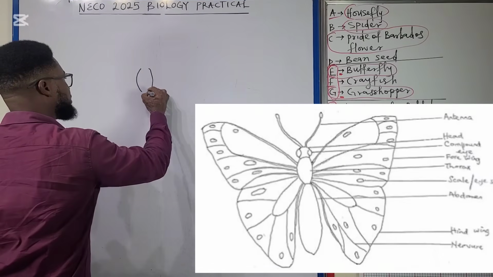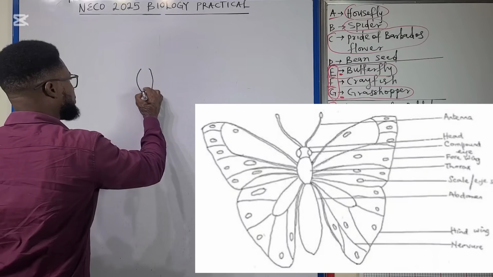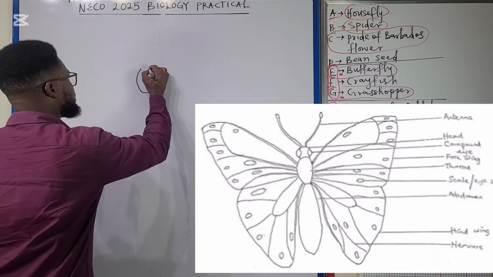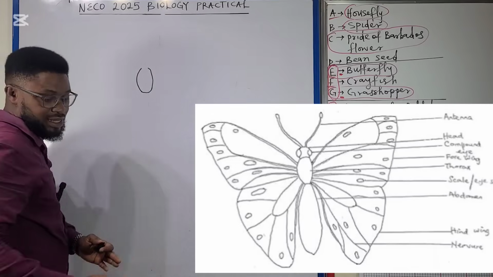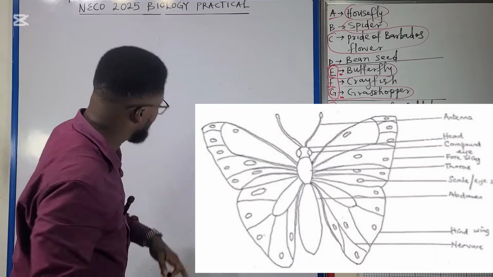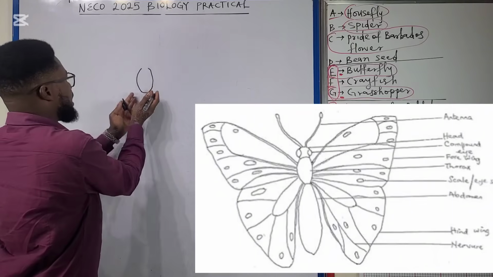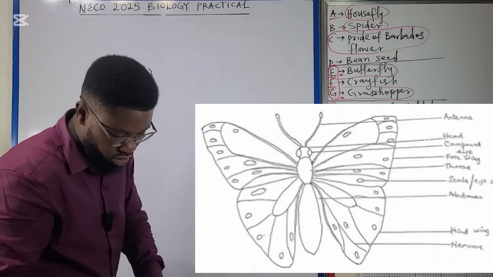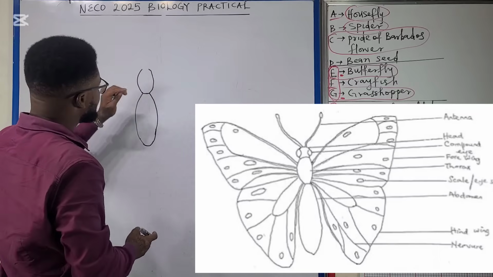Very important. We need the thorax region to be on point. The thorax region first, and then immediately after the thorax, we're going to have a longer abdomen, which is going to go like that. That's the basic plan we are having now.